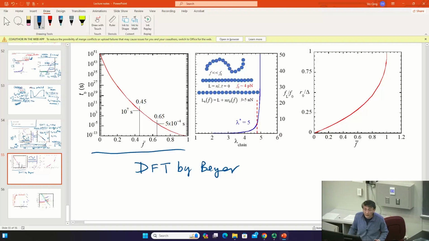By now you're familiar with the concept of how much bond tension is in a bond, normalized by the maximum, which was 6.9 nanonewtons. This, of course, is when you have no force. Look how long it's supposed to survive. Something like 10 to the 51 seconds.